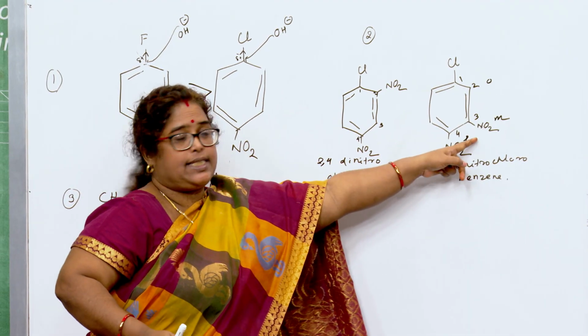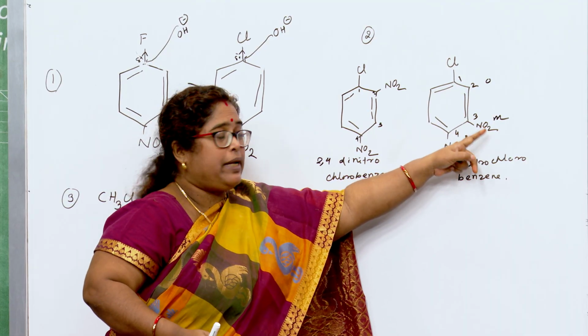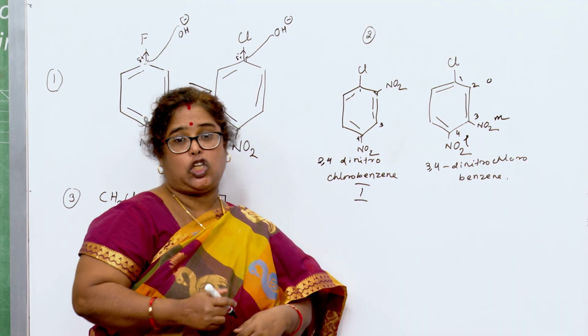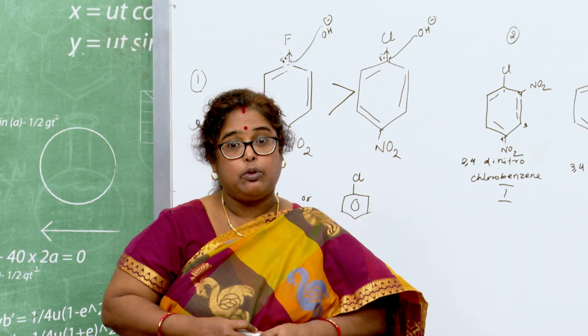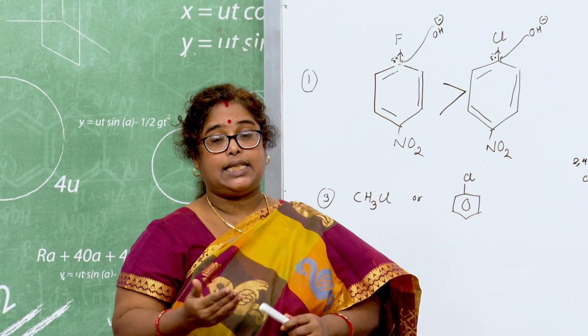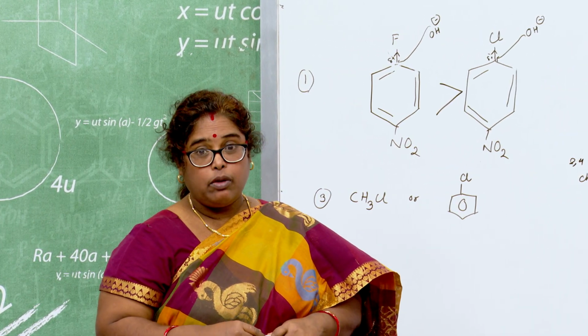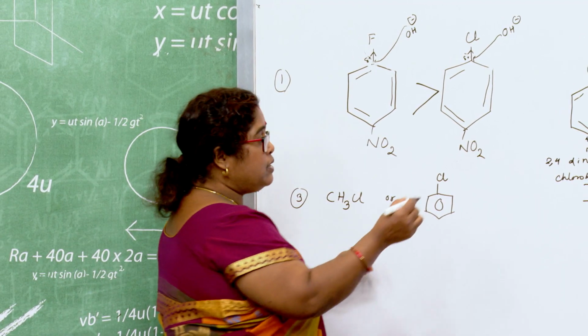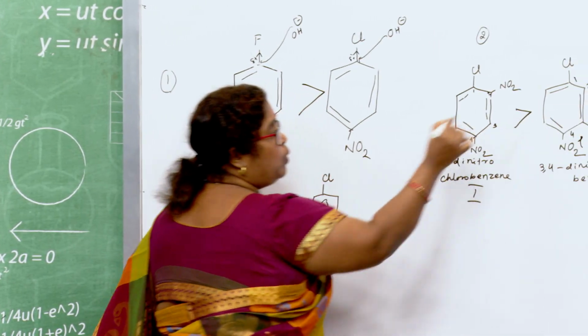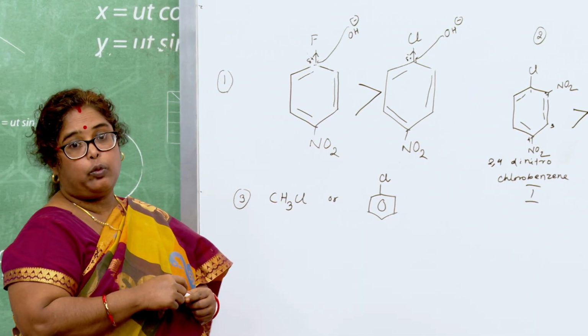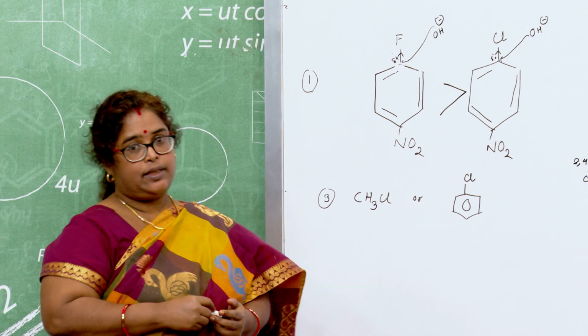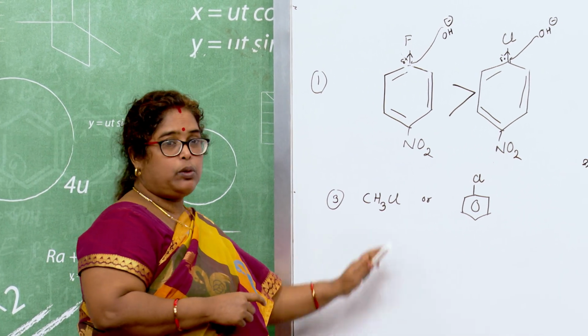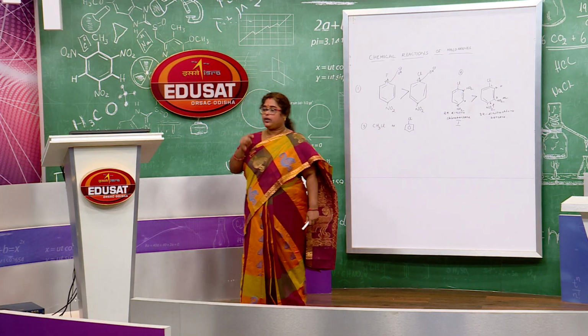The nitro group at the meta position does not contribute towards enhancing the reactivity of the molecule. So, now it is clear to all of you. Obviously, this one will show the reactivity with more readiness. Okay.